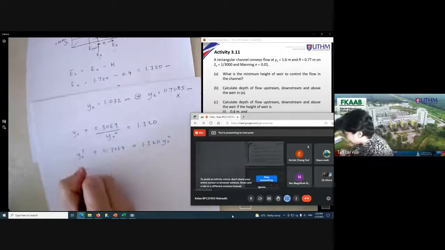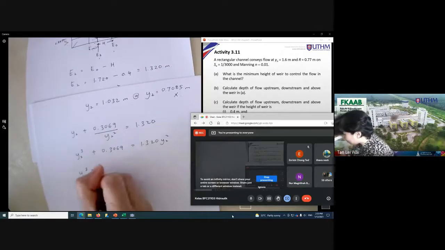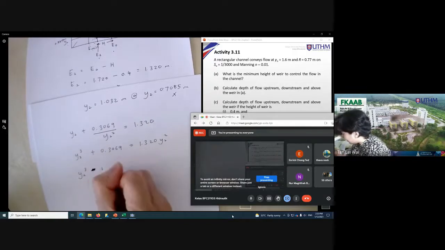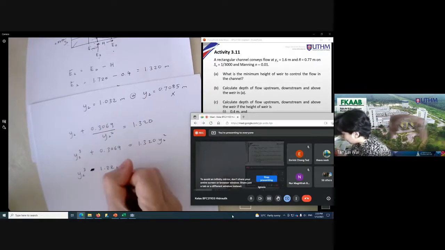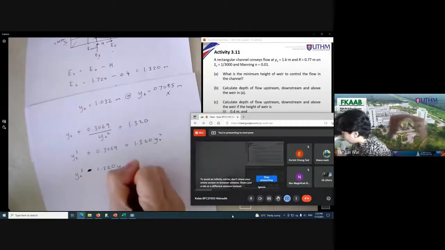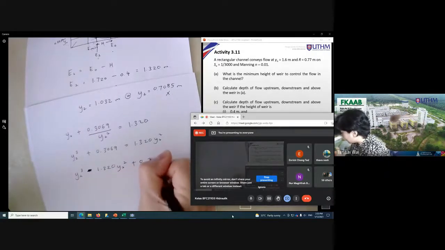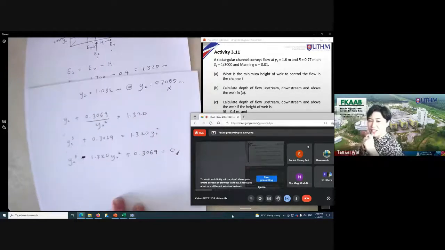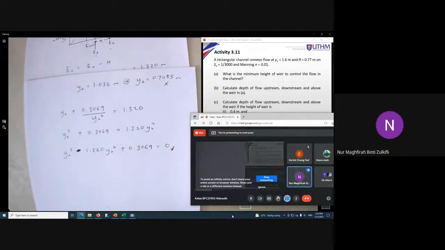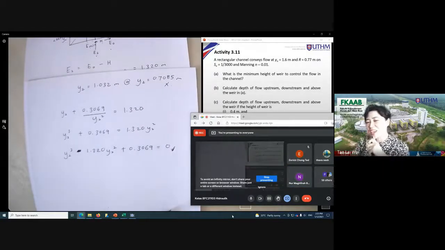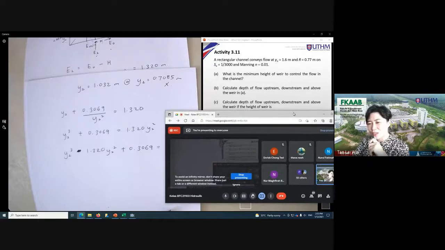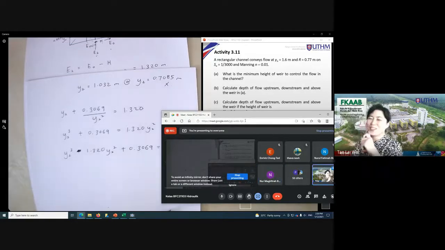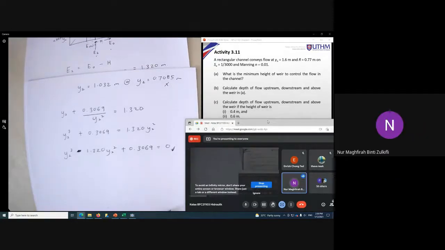Okay, jadi saya tulis balik, saya susunlah ikut kuasa. Sorry, ini akan jadi negatif, betul. Jadi saya akan dapat persamaan ini kan? Betul Mafira? Okay, lepas tu? Tekan kalkulator, ambil mode, jumpa EQM.